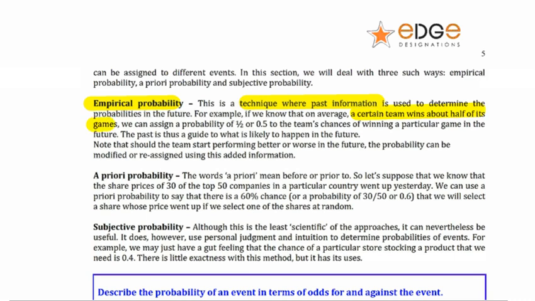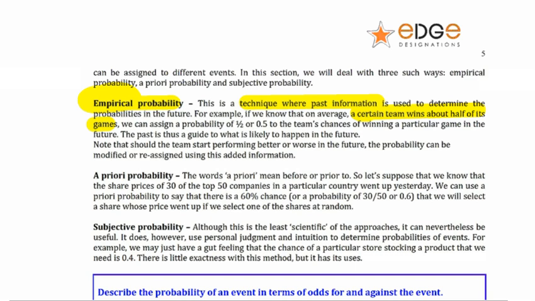How do we know? We look in the past. That's called empirical. I look backwards and I see that yes, in fact, this team has won half of their games. So there's a good chance that they're going to win half of their games going forward as well.